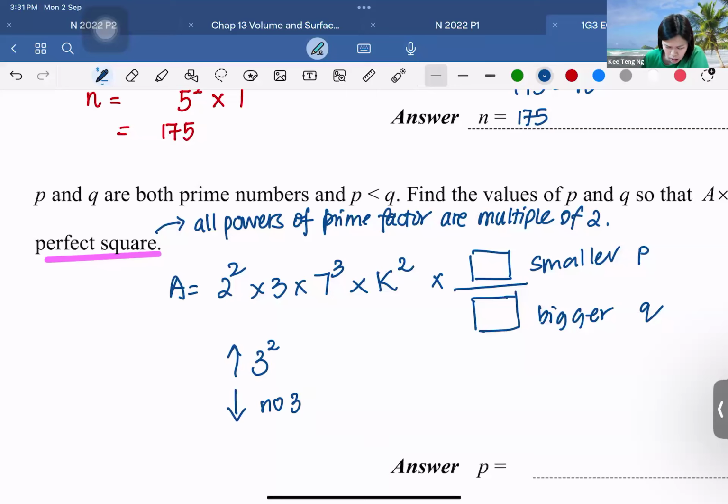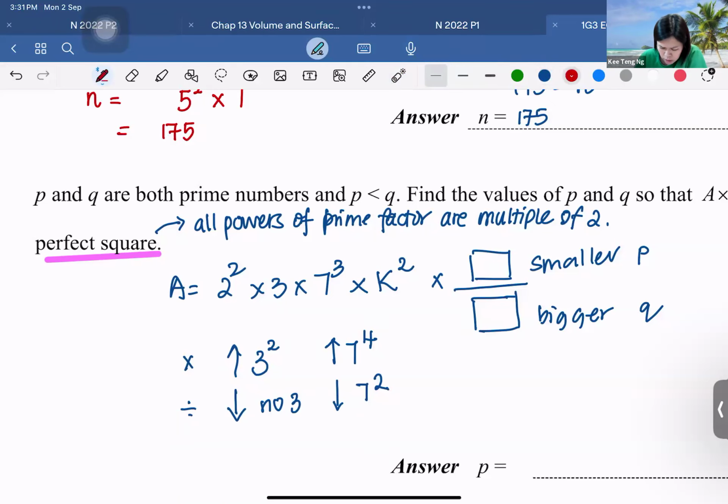That means either I multiply or I divide away 3. Next thing I observe, 7 cubed. This power here is not a multiple of 2. Either I multiply and increase it to make it 7 to the power of 4, or I divide to make it 7 to the power of 2.